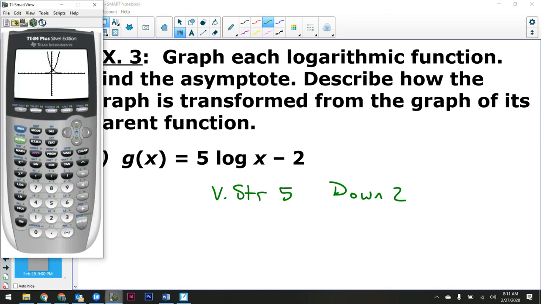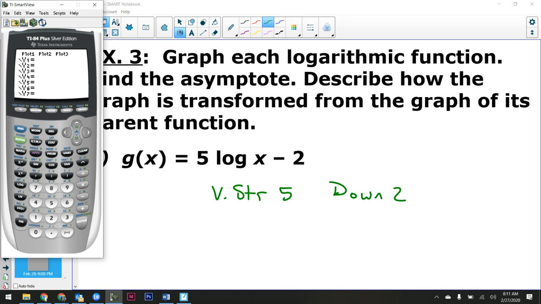Let's go. Okay, so now let me ask you this. What is my parent? Log x. What's my base on that? 10, right? Common log. I will always give you either log base 10 or log base e, because that's the only thing that my calculator can graph.